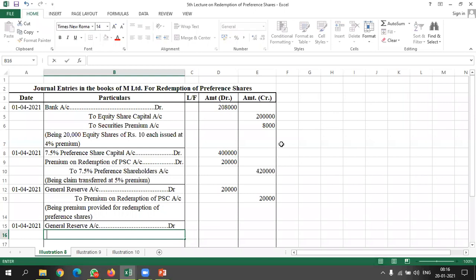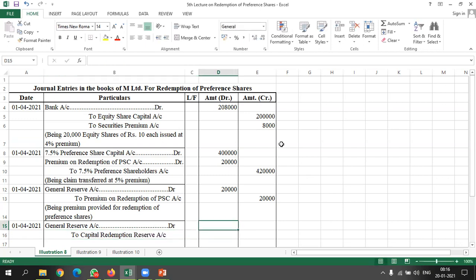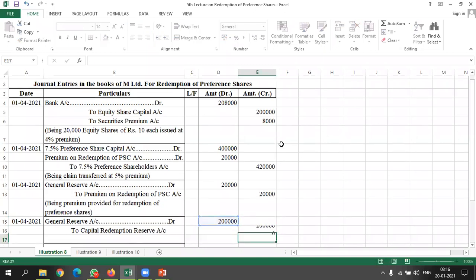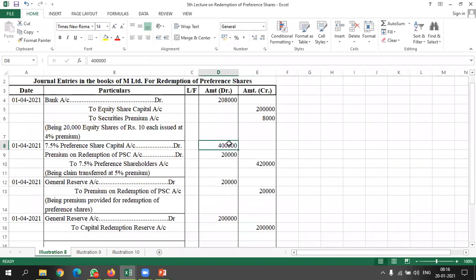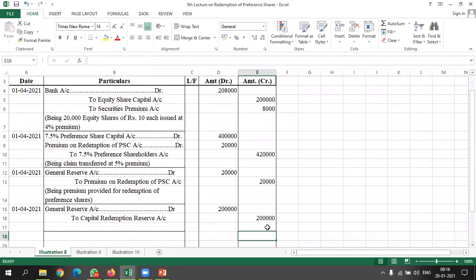So, general reserve account debited to capital redemption reserve account. Amount is 2 lakh rupees. So in total we want to redeem 4 lakh rupees: 2 lakh we get from equity shares and 2 lakh rupees we get from the CRR account.